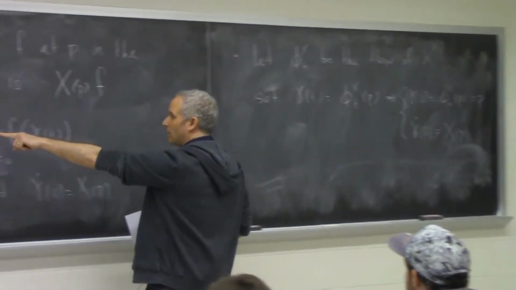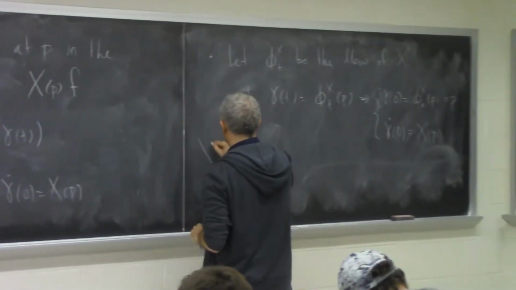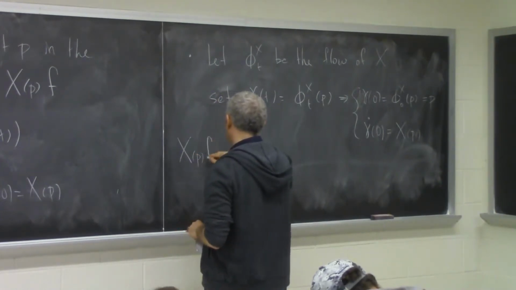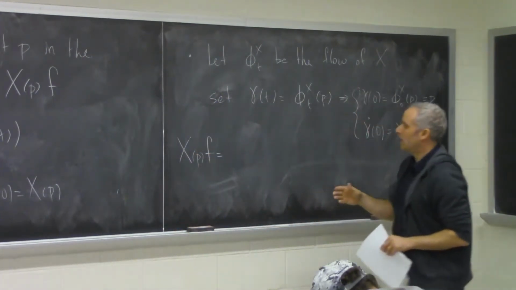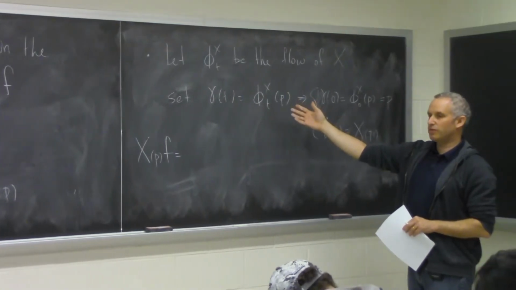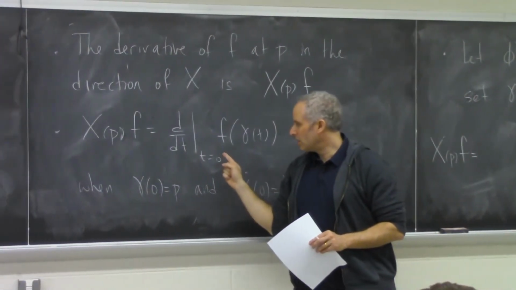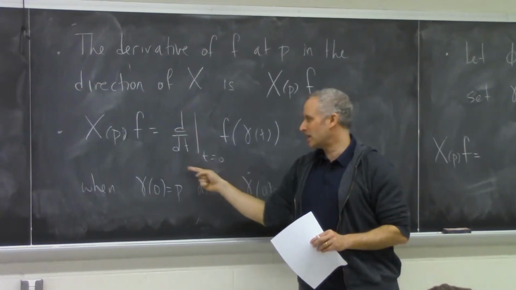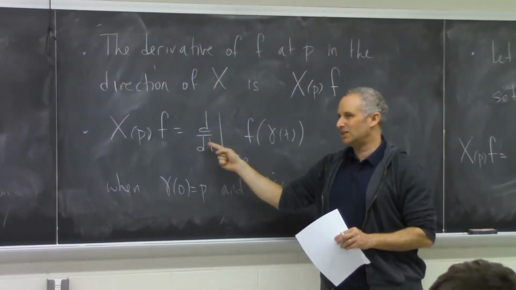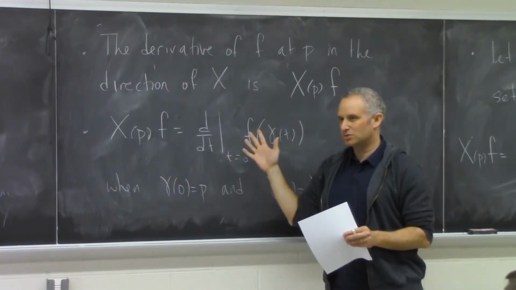And then we can define what we're interested in, this directional derivative, with this playing the role of γ. Okay. And now we're going to do something slightly different. Instead of writing down just the derivative with respect to t, I'm going to write it as a limit of difference quotients.